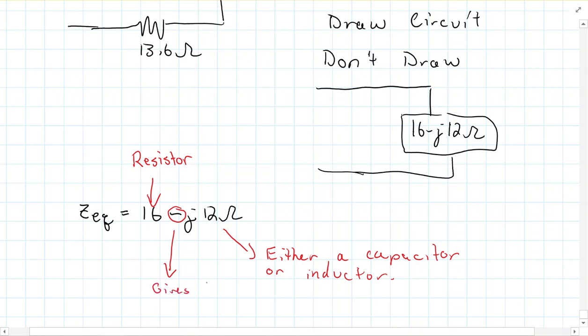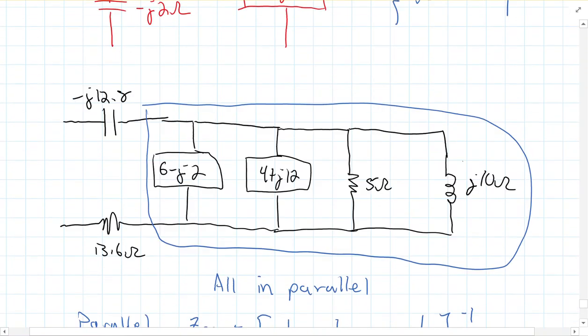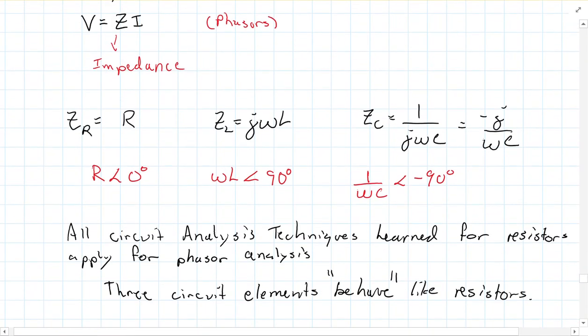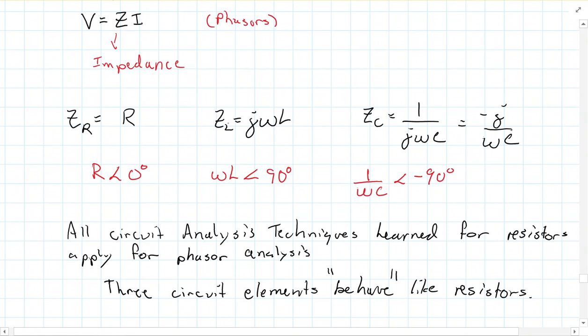It gives capacitor. Because remember, if you look at our equations for impedance, ZL is a positive j omega L, so it's always going to be positive j. Z capacitor is minus j over omega C, so it's always going to be a minus j.